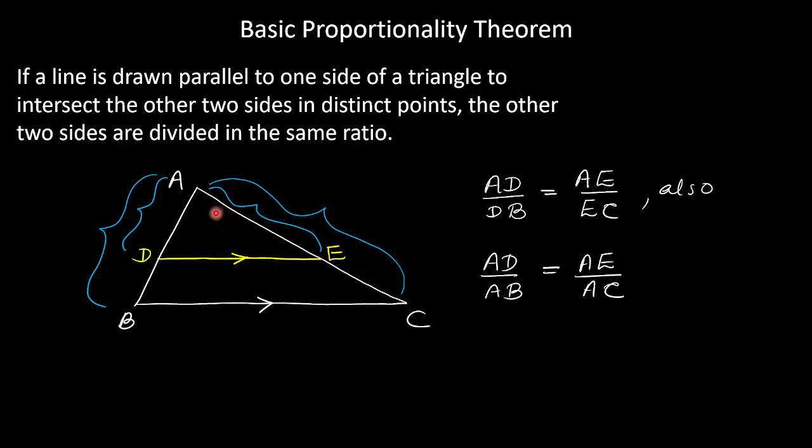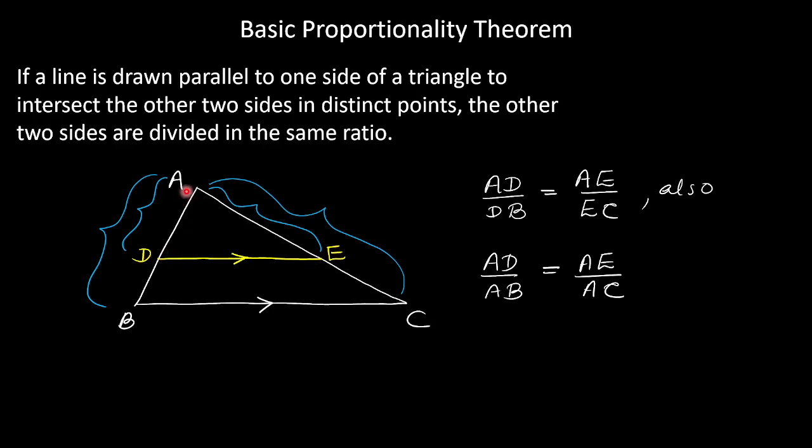So I will repeat. The basic proportionality theorem says that we have a triangle. I have drawn a line parallel to one of the sides, say BC. Hence I got two points D and E. Whichever way you take the ratio on the left side, the same manner you take it on the right side.